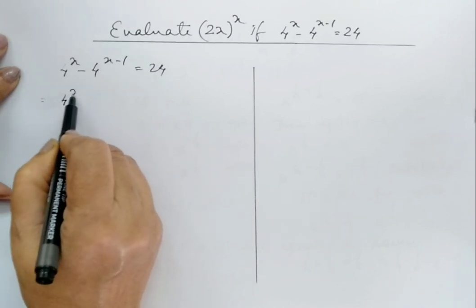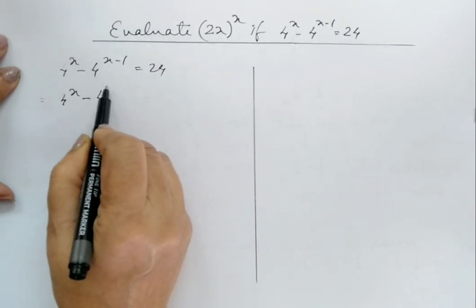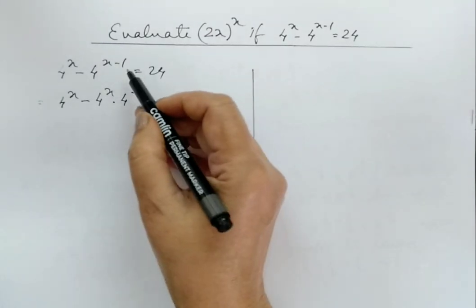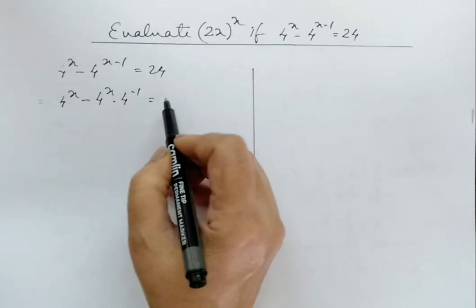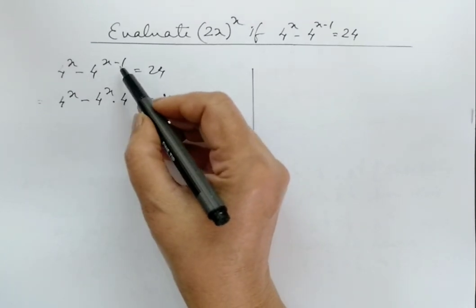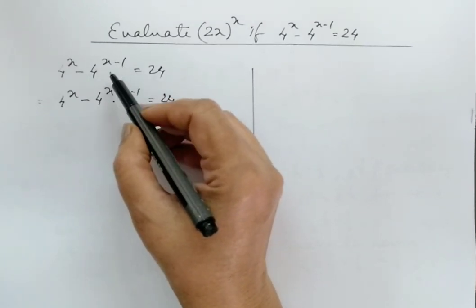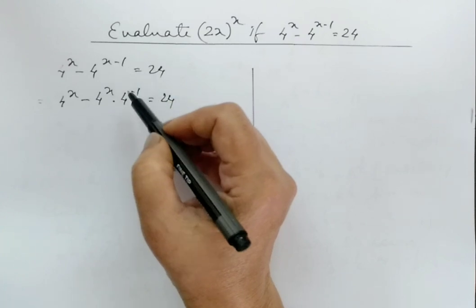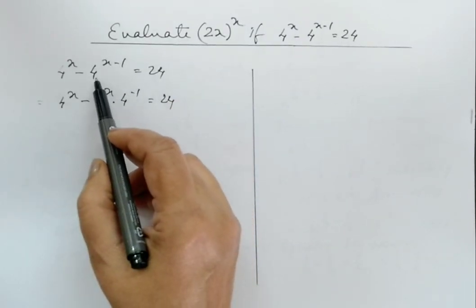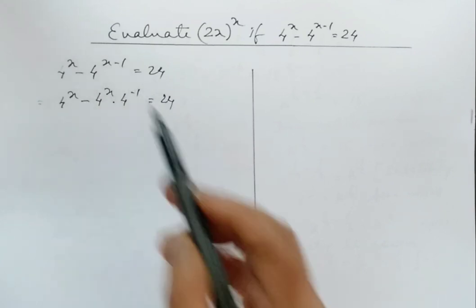So 4 to the power x minus 4 to the power x dot 4 to the power minus 1. Can we write it for minus 1 like this, as per the exponential rule? Correct, guys? If there is a minus 1 here, that means 4 has a power of minus 1 apart from having a power of x.